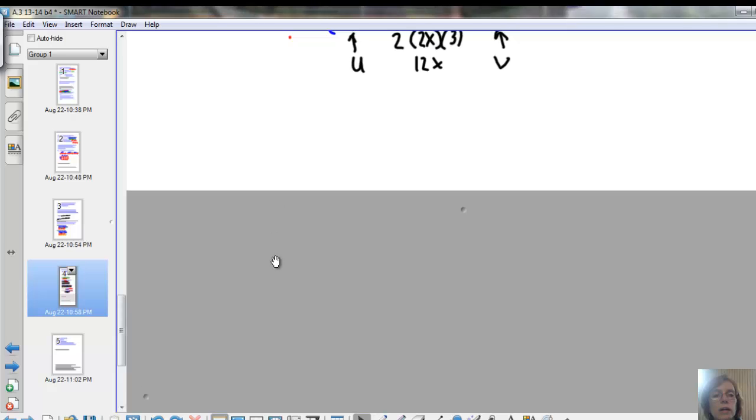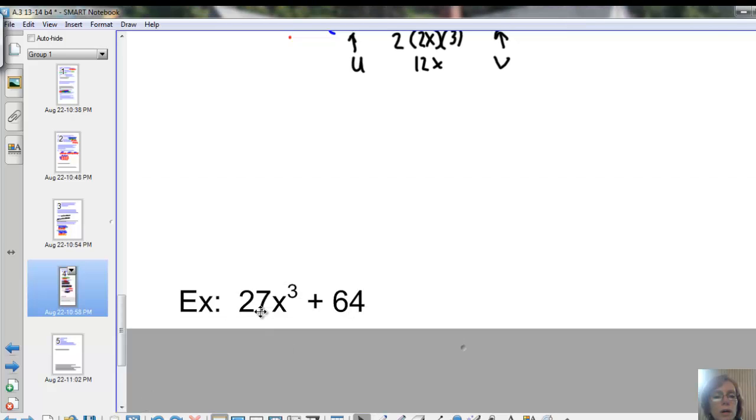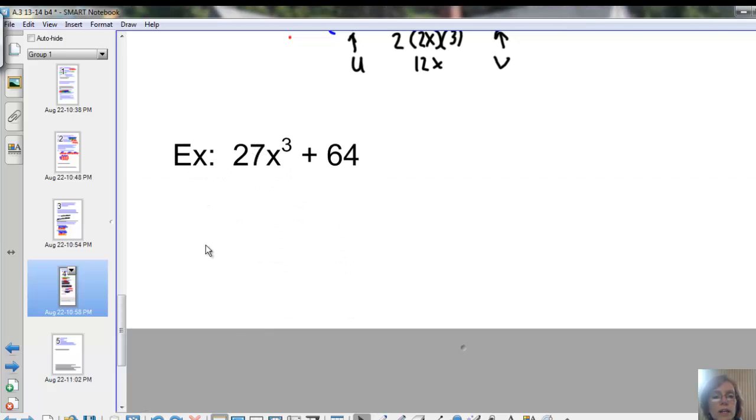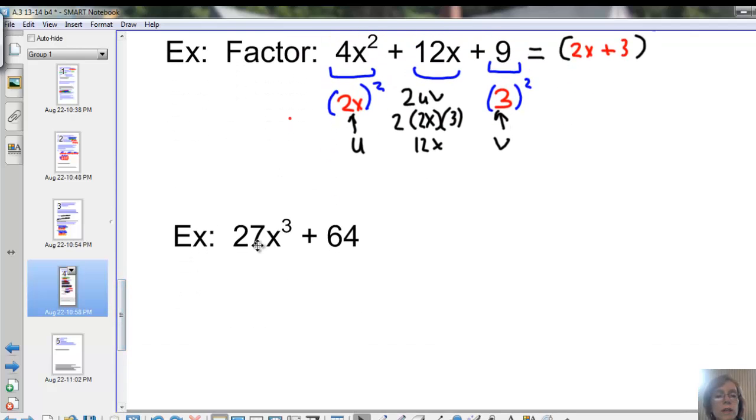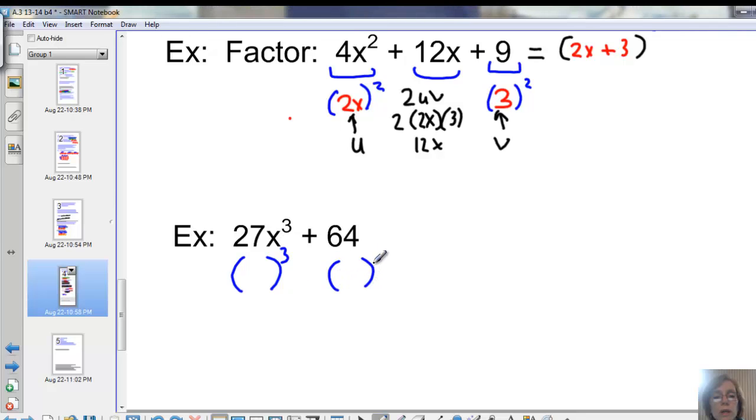And let's take a look at another example from the special factoring patterns, and this one is 27x cubed plus 64. Again, I would ask you to consider, what would we need to cube in order to get 27x cubed, and what would we need to cube in order to get 64?